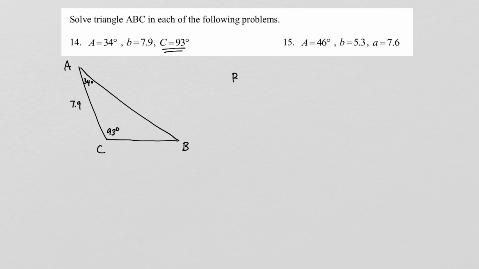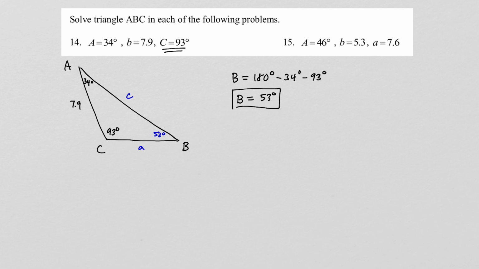First, let's find angle B by simply taking 180 and subtracting 34 and 93. If we do that, we find out angle B is 53 degrees, and I can go ahead and fill that in here. Now, to find side A or side C, we are simply going to use the law of sines.